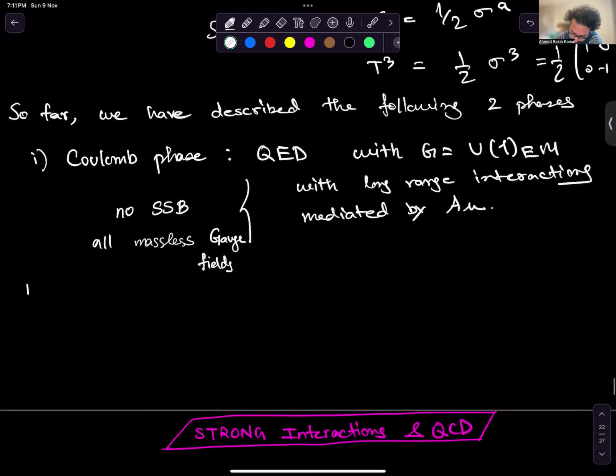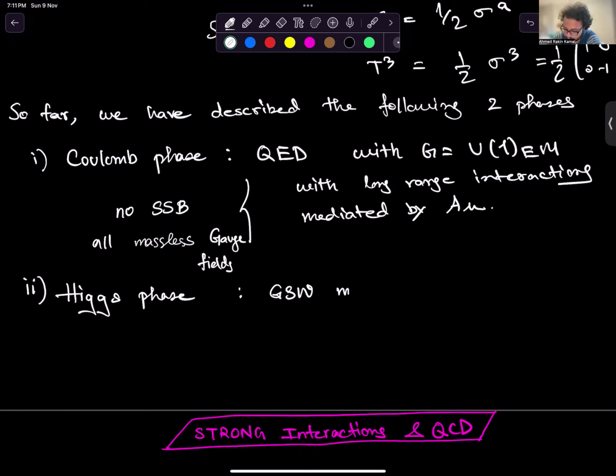There's another phase, which we call the Higgs phase. And of course, as you guessed, if you want to give an example of this, GSW is an example of a Higgs phase, with SU(2)L, which of course gets broken to U(1) EM.